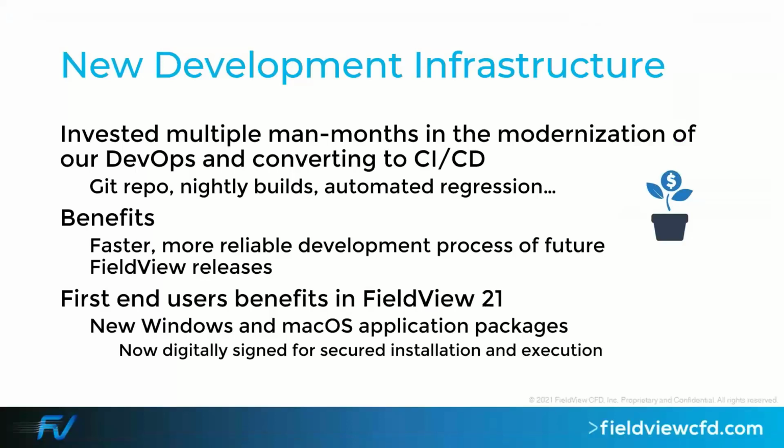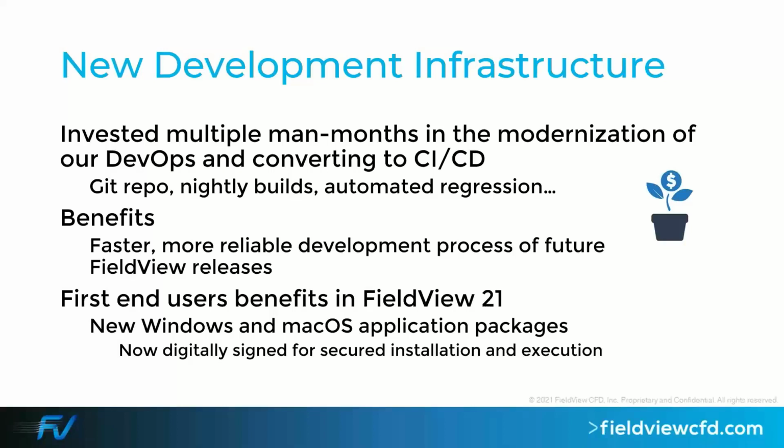All right, and finally, the last group of improvements we've made are related to a lot of work you're not going to see that we've done in the background on our infrastructure. We've been investing a lot in our development infrastructure, converting to a full CI/CD workflow with Git repo, nightly builds, and so on.